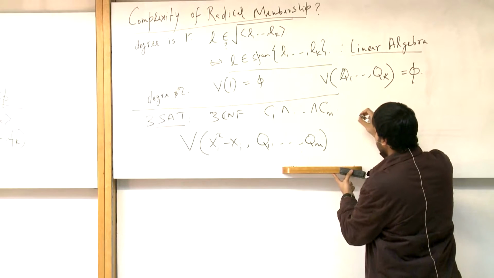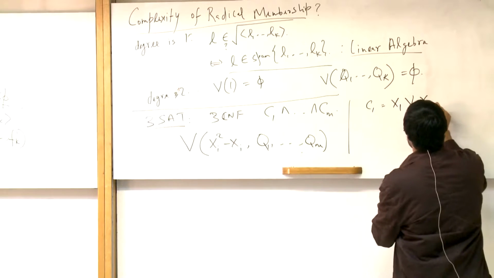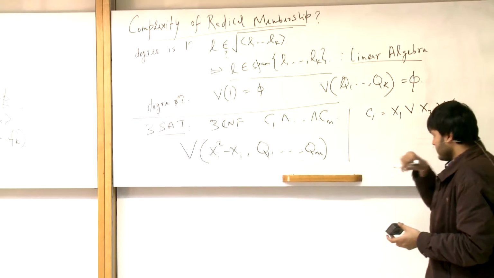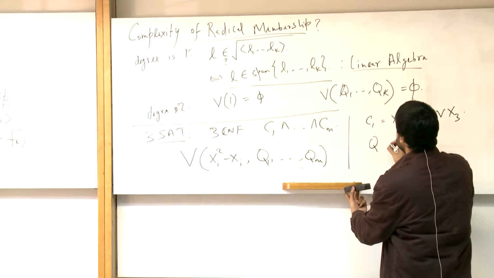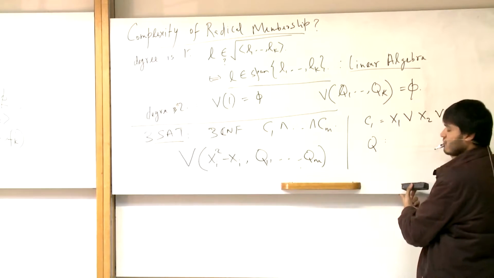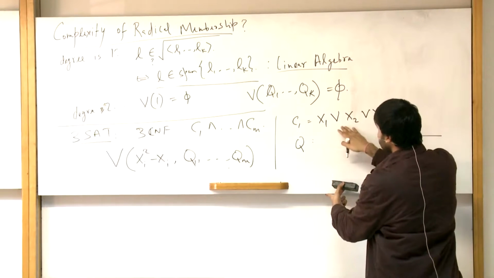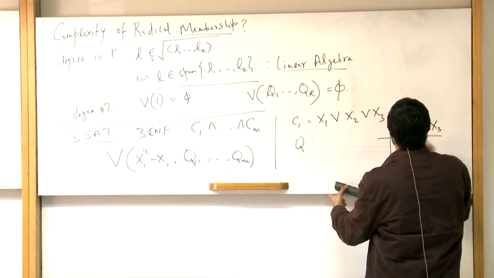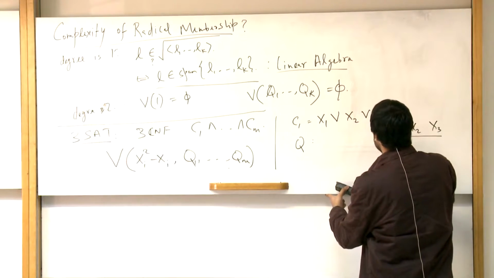Without loss of generality, let's say your clause has only 3 variables. What I want is a quadratic such that it is 0 whenever this clause is satisfied. Basically, I can encode the truth table into this quadratic. So this should be 0 whenever this is satisfied, and 1 whenever this is not satisfied.